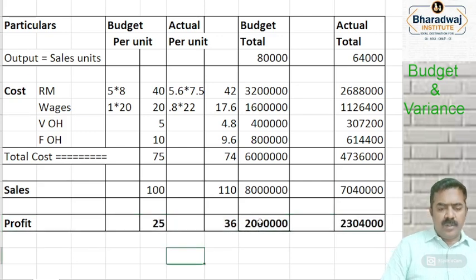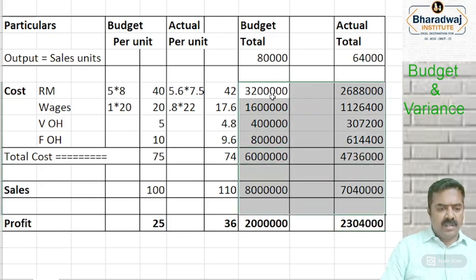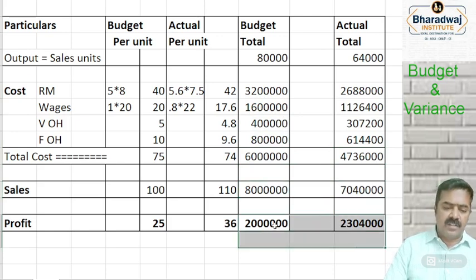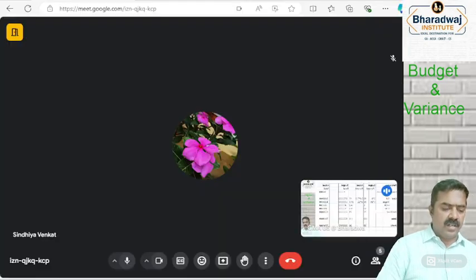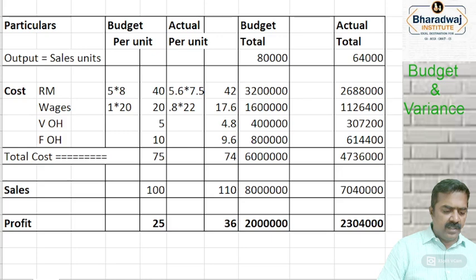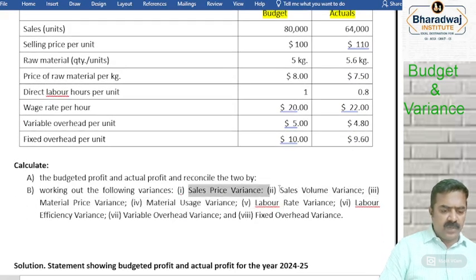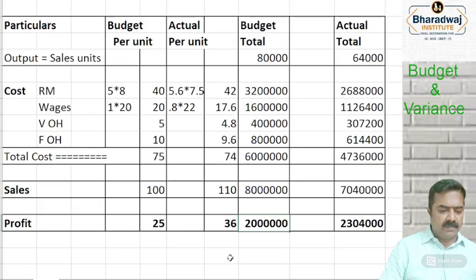You want to see why the profit has changed from 20 lakh to 23 lakh 4,000. Everything has changed: cost of material, labor, overheads, and sales. Because of that, the profit has changed. They ask you to analyze and reconcile into different types of variances: price variance, volume variance, mix usage, labor rate variance, and so on.